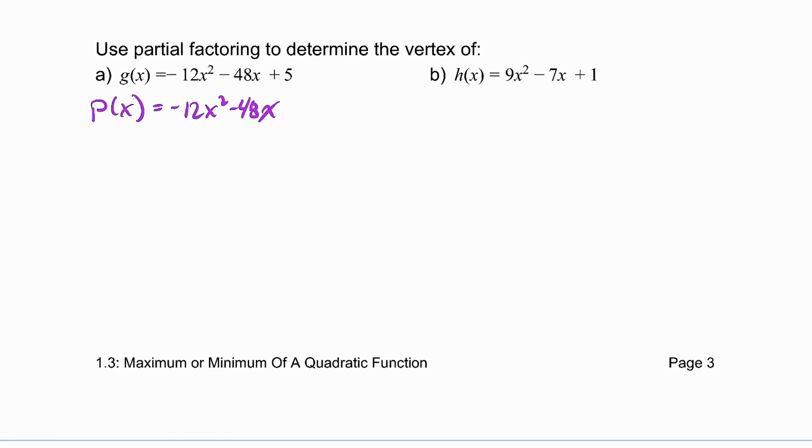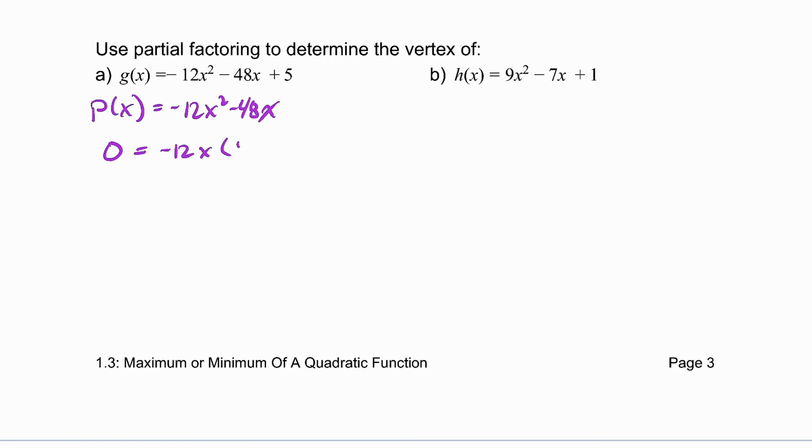Now we know that g of x and p of x are going to have the same axis of symmetry as we've shown above, and therefore they have the same x value of the vertex. So in this case, let's look for the zeros. So we want that to be 0, and I'm going to factor out the minus 12x at the same time.